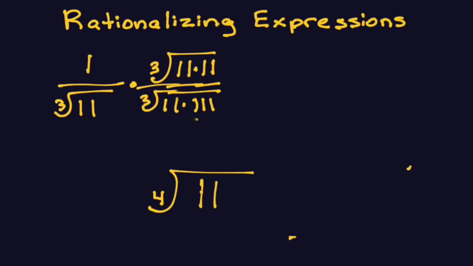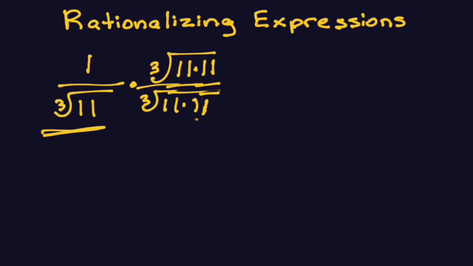So we'd multiply it by 3 11s to get that fourth 11. So just like what you did with the cube root, if you had any higher number, you would just multiply it by the number of 11s that you need to simplify that radical, which is on the bottom.